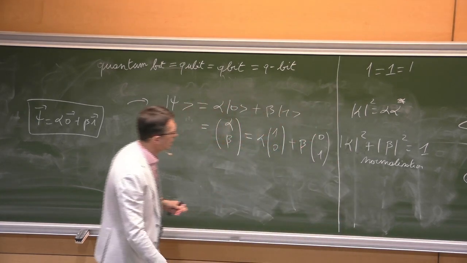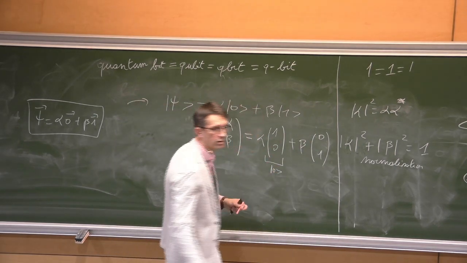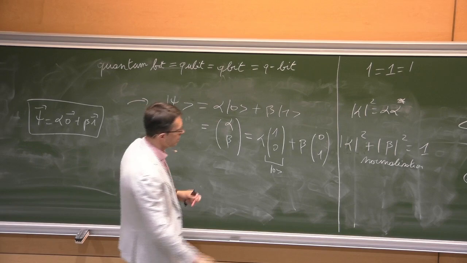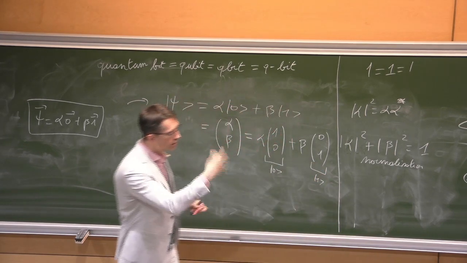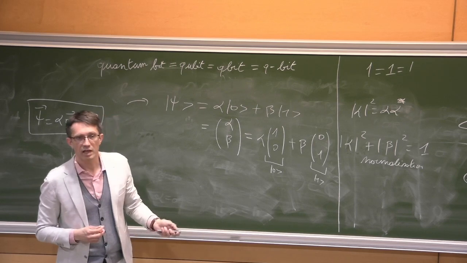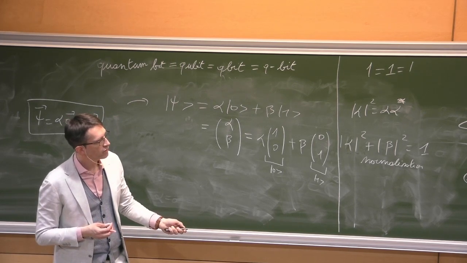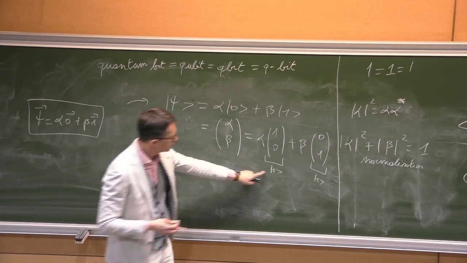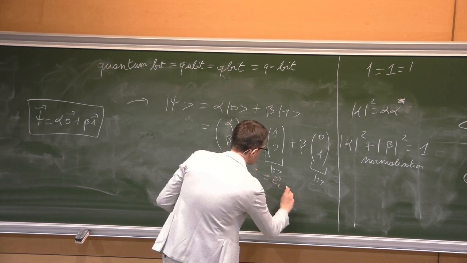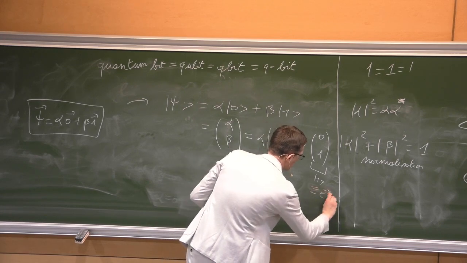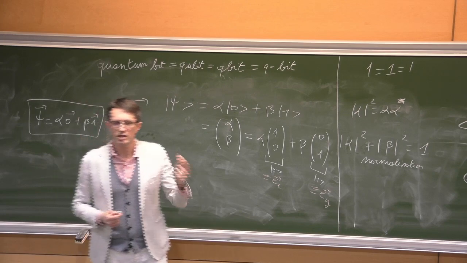Right? And so this would be basically my state 0, and this would be my state 1, which again, in standard Cartesian geometry, would be the equivalent of Ex, Ey. So I say equivalent because it's not equal.